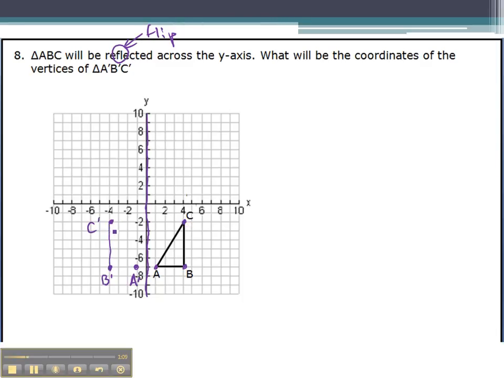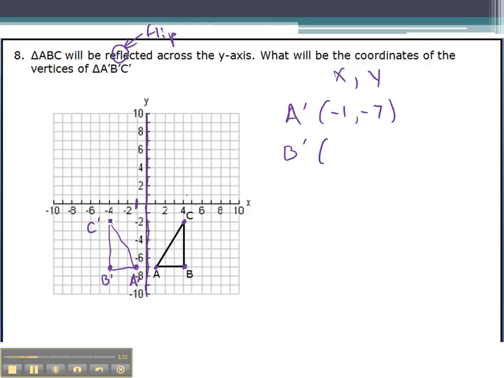I'm going to draw that reflected triangle, and then we're going to finish the problem by writing down the coordinates of these reflected vertices. A prime is at -1 in x, -7 in y. B prime, remember it's always x, y, just like the alphabet. X comes before y, x, y, z.